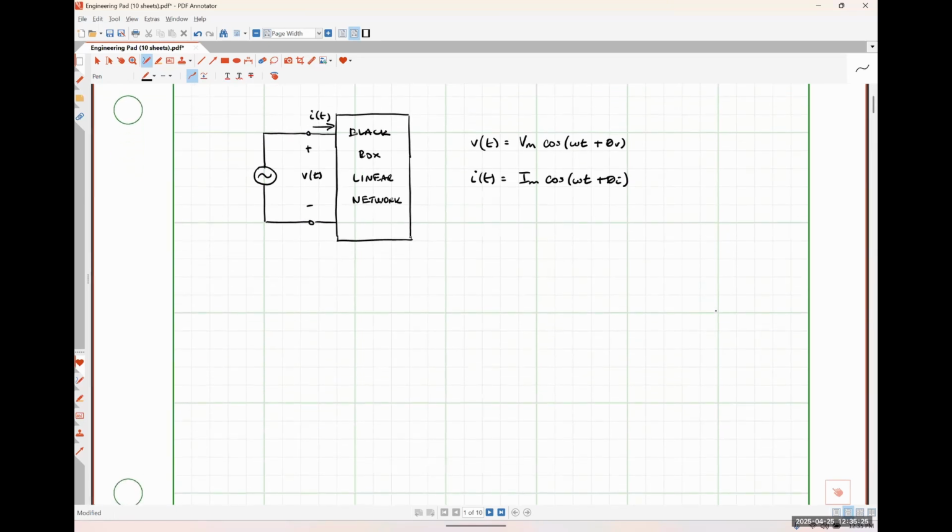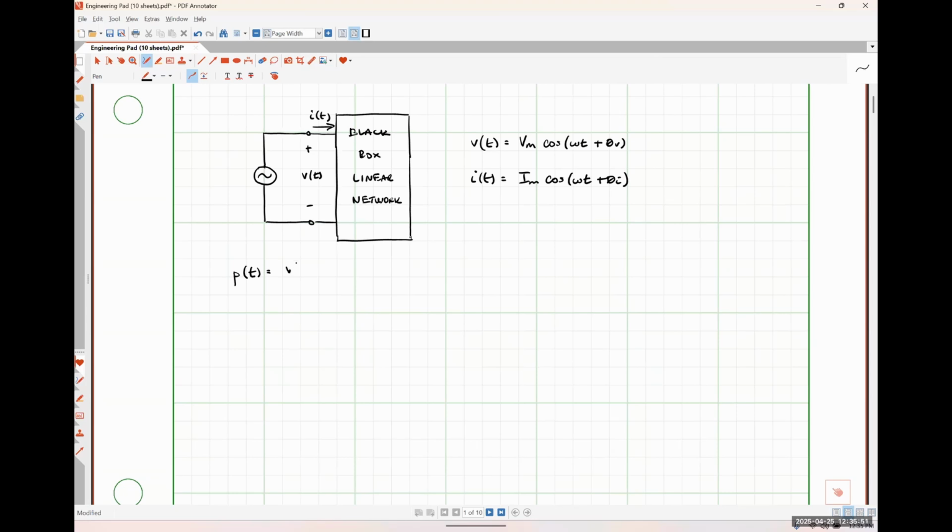So the power that is absorbed by our network is our instantaneous power. And our instantaneous power should be a function of time so that we can plug in any particular value of time and have an understanding of what the power is at that particular instant, right? So we should know by this point that power is simply the product of voltage and current.